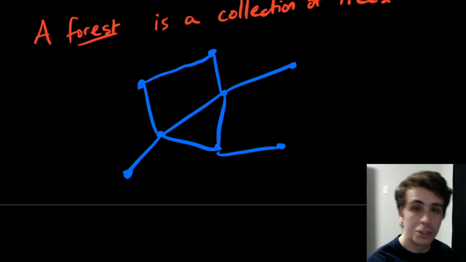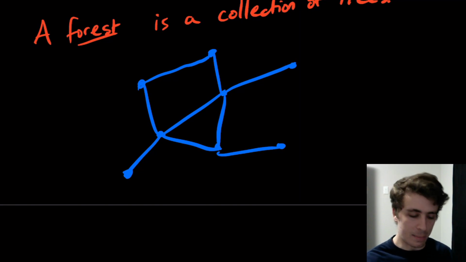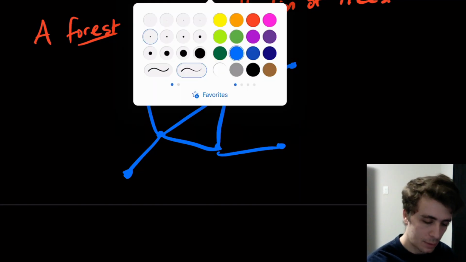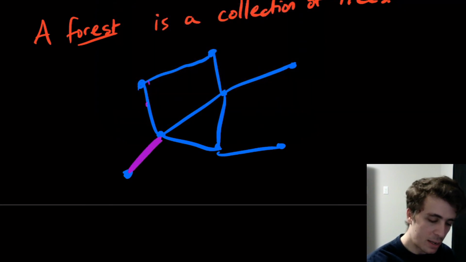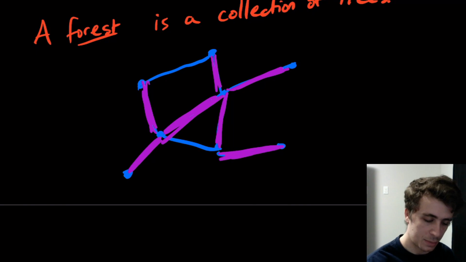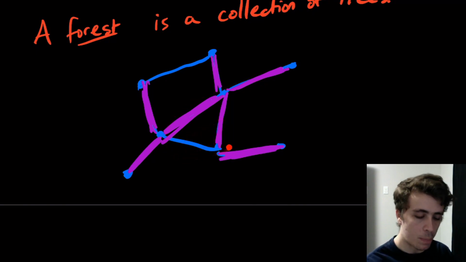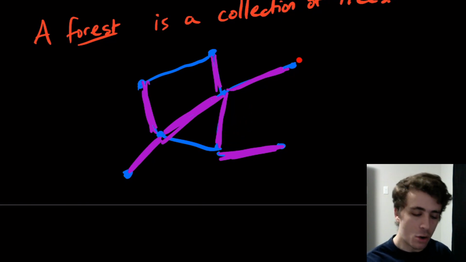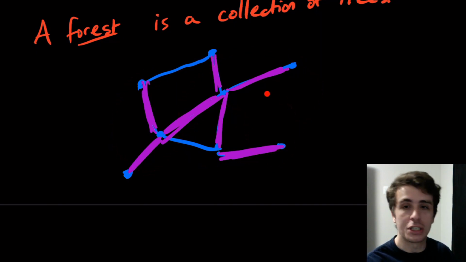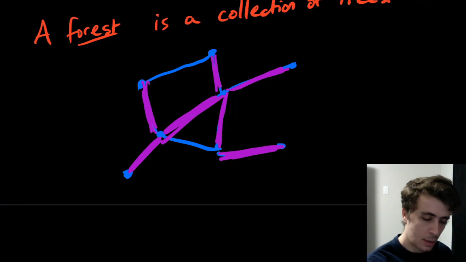So suppose that I take a subgraph of this graph. I'm going to take a particular subgraph. Let's say I'm going to put that one in, this one, this one, this one, this, and this. So notice that the purple edges don't create a cycle, so it's a tree. And also note that it's touching every single vertex of the original graph. So this is something called a spanning tree.